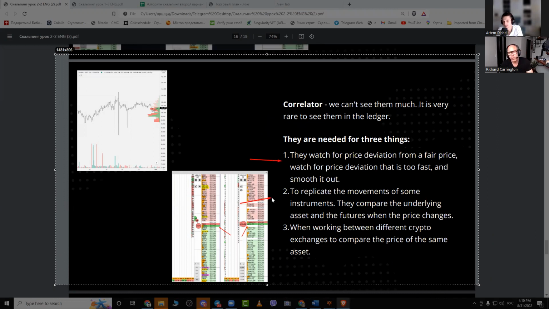So this is like a correlator between exchanges, yes, different exchanges, or some exchange has a spot market, spot futures, futures.